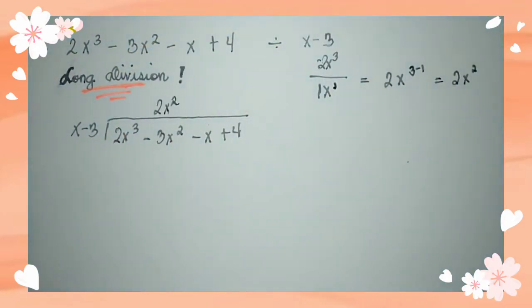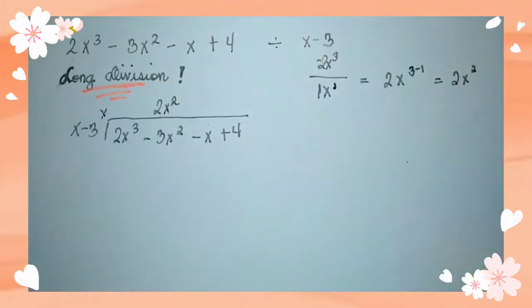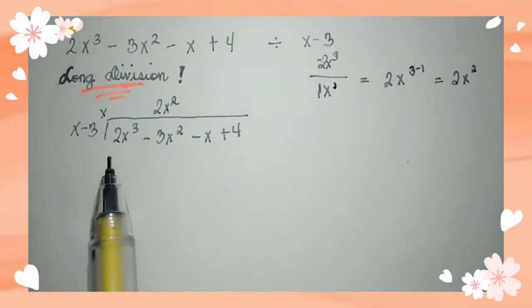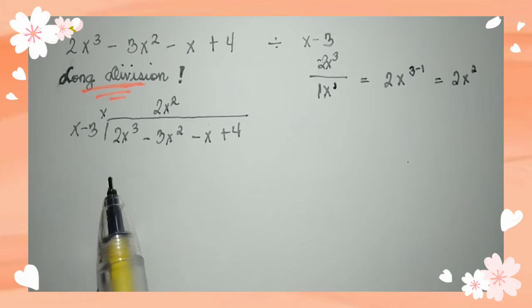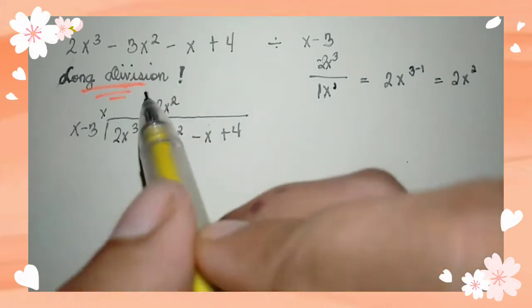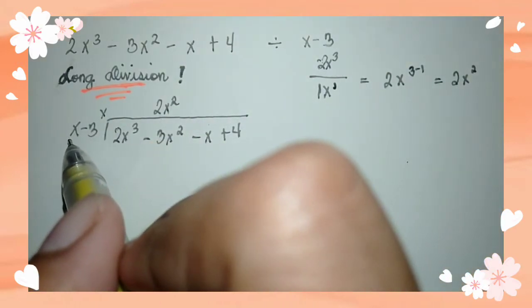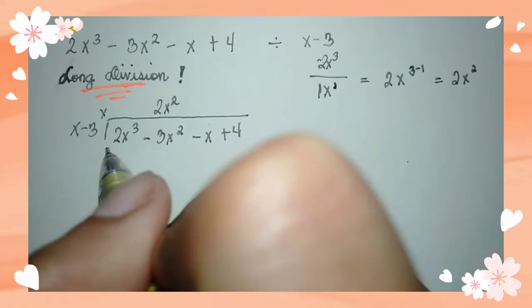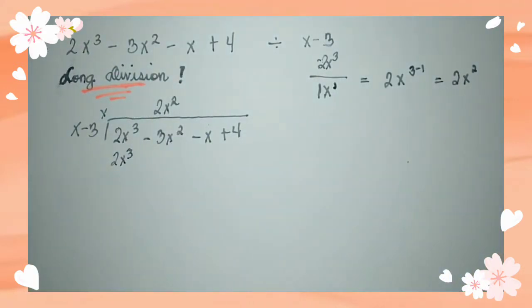And then, what you are going to do next is to multiply 2x squared to x minus 3. Multiply naman natin siya, para lang tayo nagdi-divide talaga. Ang pinagkaiba nga lang is meron na siyang kasamang variables and coefficients since ang ating dinidivide ay polynomials. So, we have 2x squared times x, since automatically ang answer ay 2x cubed.